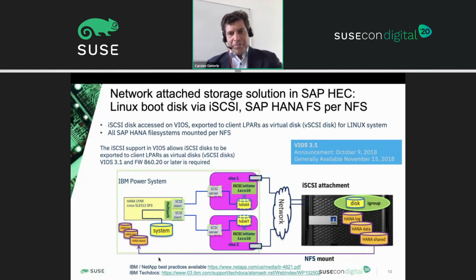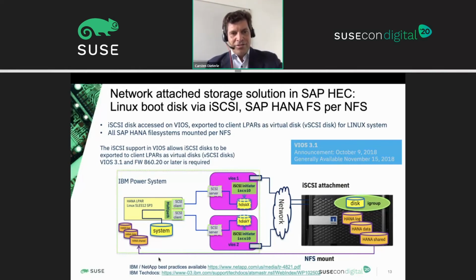Here you see a joint project from SUSE with IBM and SAP, with SAP HANA Enterprise Cloud, where we integrated network attached storage from NetApp with our Power servers and provided the best possible architecture and performance, a really high performance, highly scalable, highly available architecture.